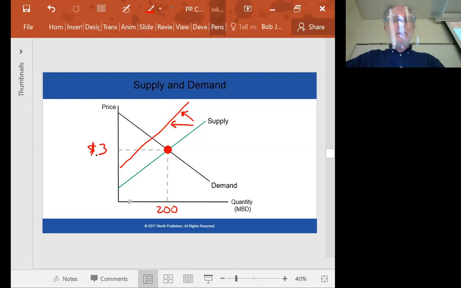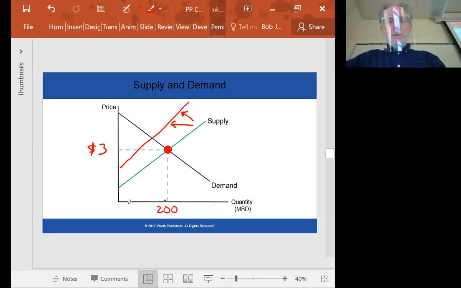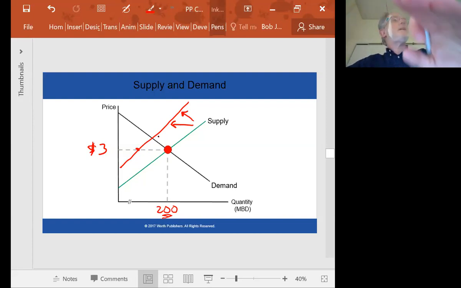Initially, if the price were $3, then all of these restaurants together would be willing to provide 200,000 hamburgers. But if 10% of the restaurants go out of business, well, they're not going to be willing to supply as much because you don't have as many producers. Okay? So the whole curve is shifting to the left. Also, it's shifting up. Think of it either way.